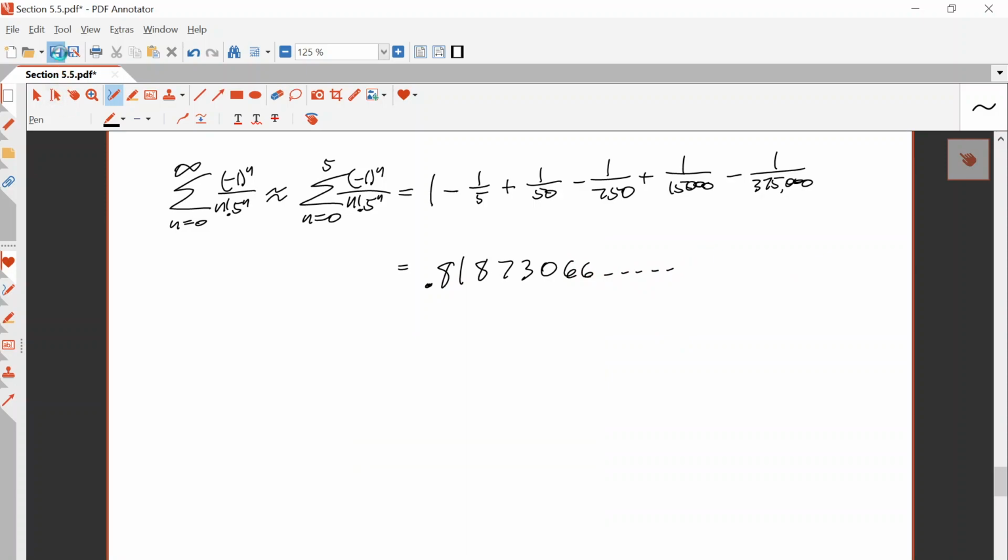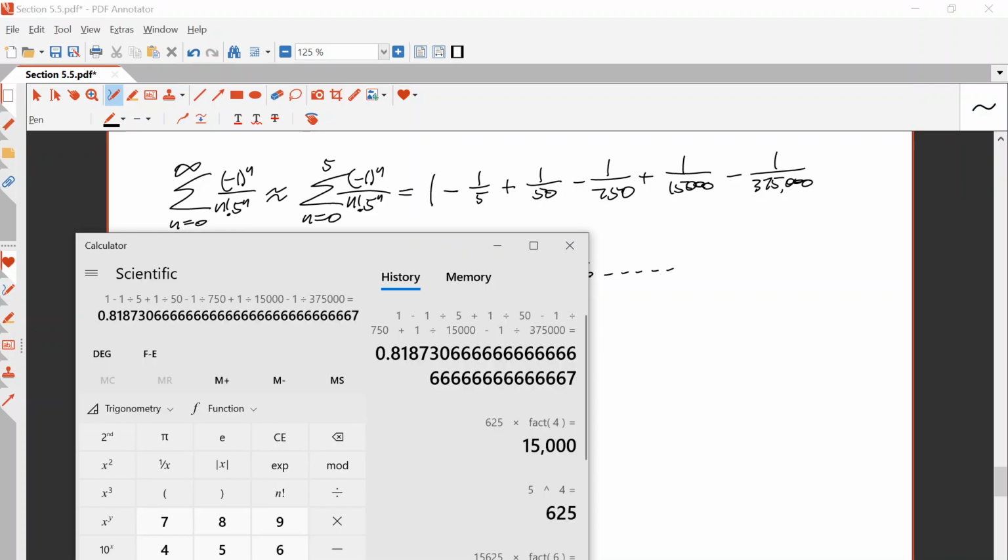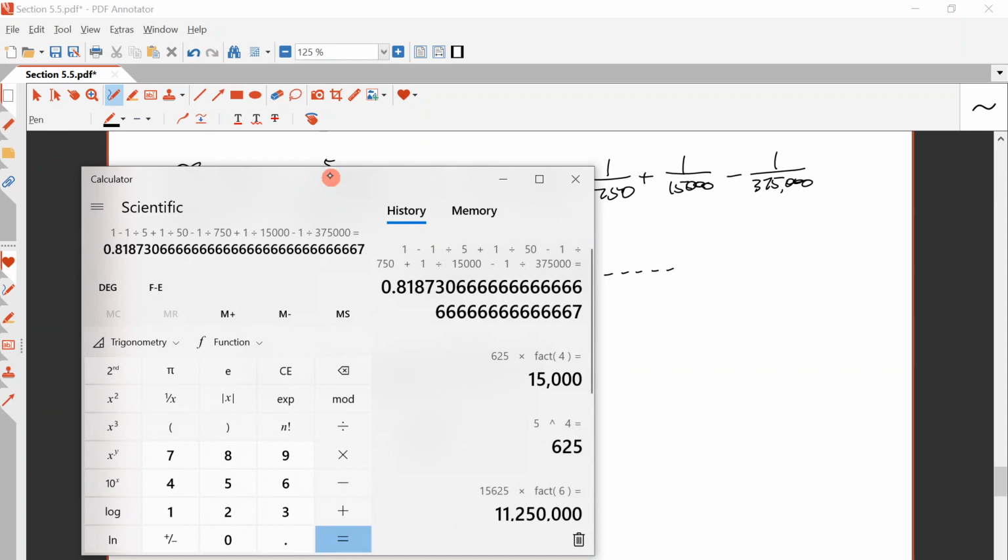Okay. So there's the estimate that we had. Now, the exact answer is e to the minus 1/5, and let's see what that is. So I think it's this. So 0.2 negative exponential.